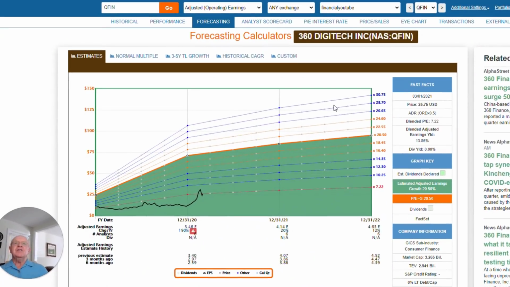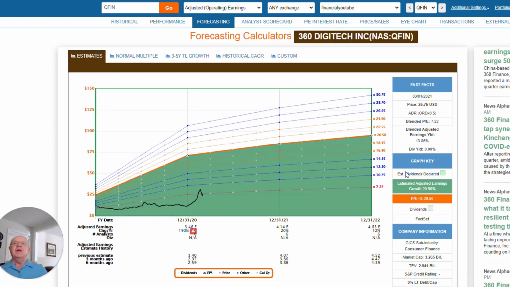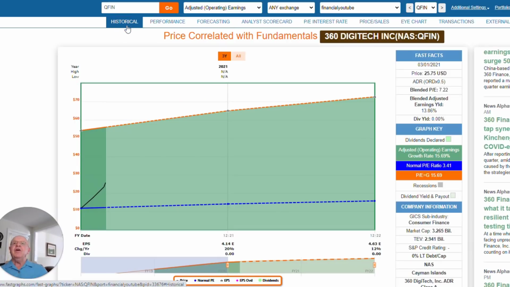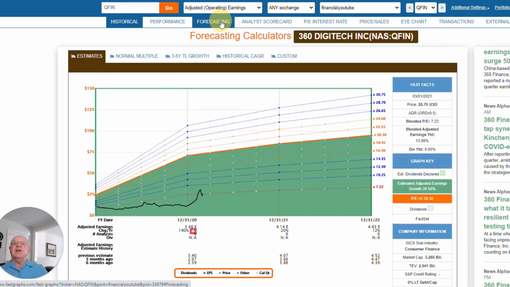My next company is Digitech. I know very, very little about this company. It's a consumer finance company. It's had tremendous growth. It doesn't have much of a track record, as you can see, but these growths are anomalous. I'm looking at a PE ratio of 15 here, but I've got earnings growth that's staggeringly high. If I look at forecasting, it's expected to grow at 20% a year.